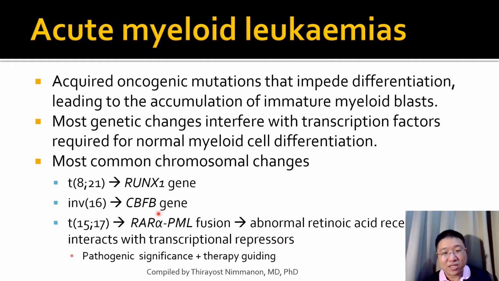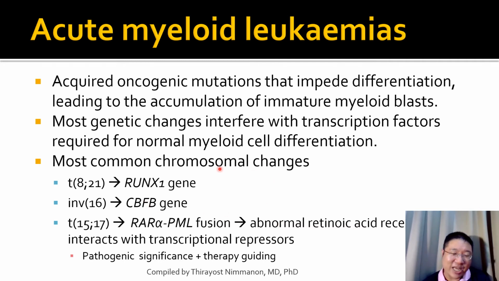But as we see, it is associated with RARA, retinoic acid receptor, right? And this fusion protein can be overcome by administration of vitamin A. Just give the patients vitamin A and the cells will differentiate into more mature stages.